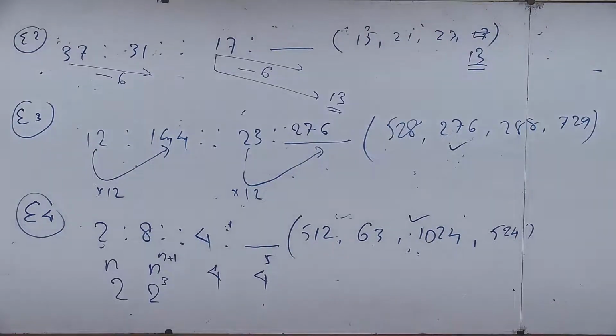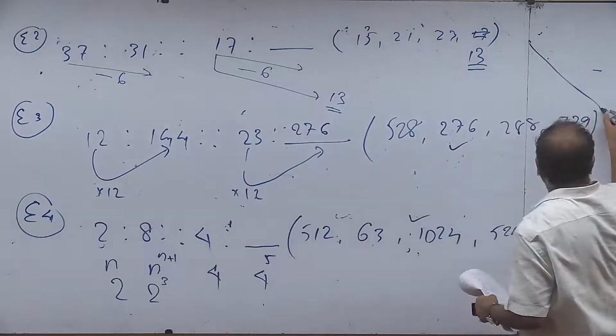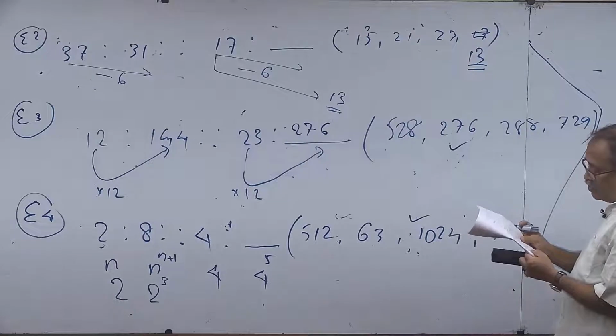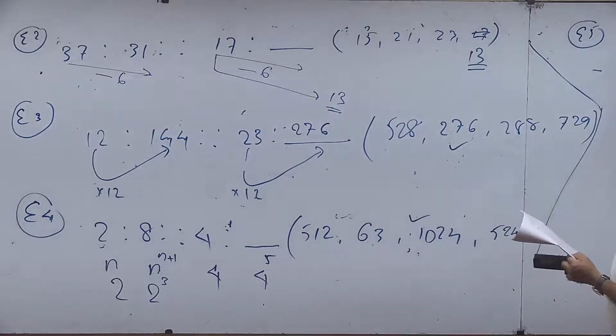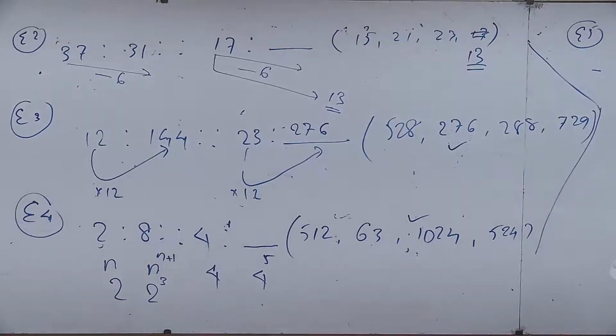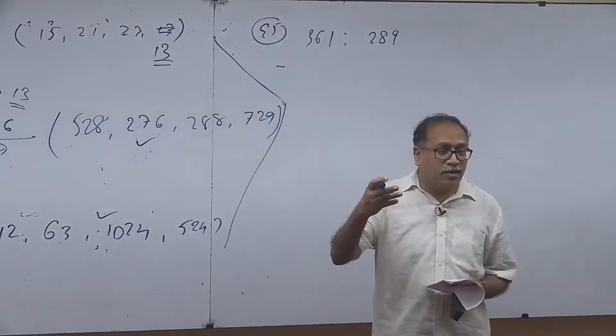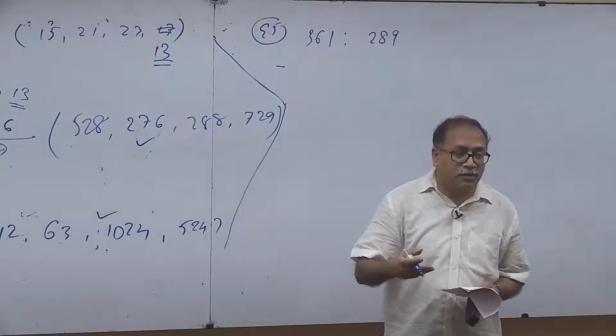Before we go with the handout, I want to discuss some of the questions here, and then we will move on to the handout. Now, let us take the example 5 over here, and that is 361 if written as 289. 13 questions were there in SSC-JE 2020, from this analogy, combination of the letter analogy, word analogy, and this number analogy.